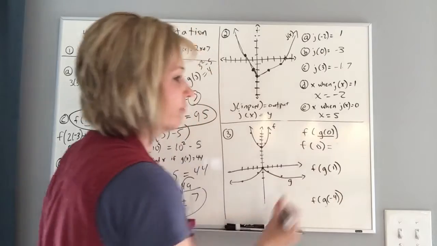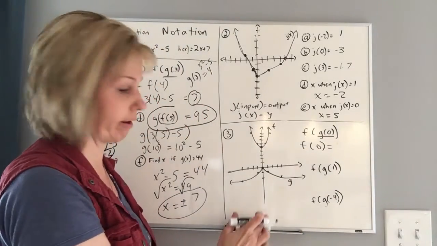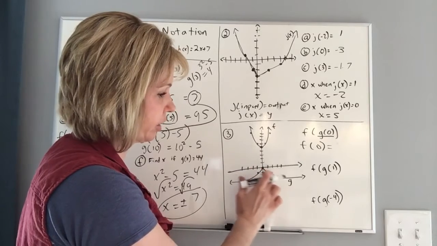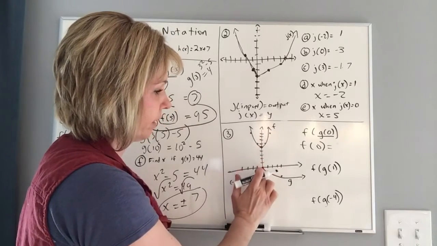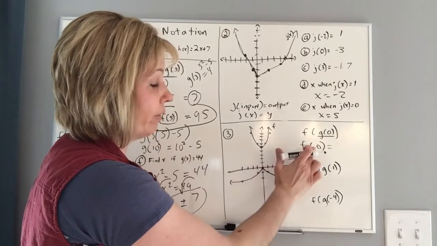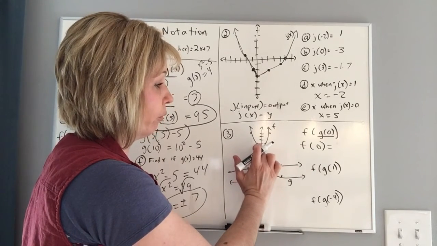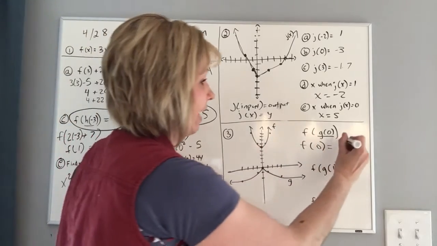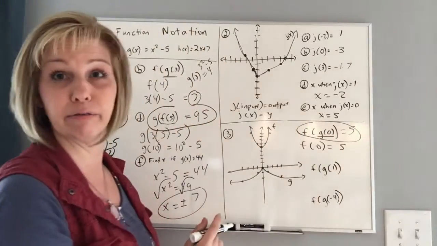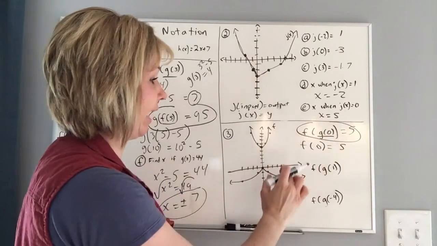So really what it's finding is, well, what's f of 0? This is the g function, this is the f. So from g, if you input 0, you're still at 0. When you input 0, where are you at for the f function? You're at 5. So we would say that f of g of 0 is 5.